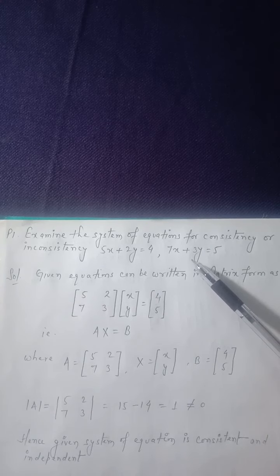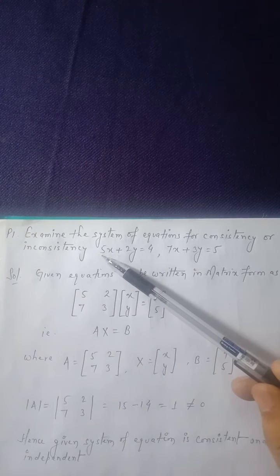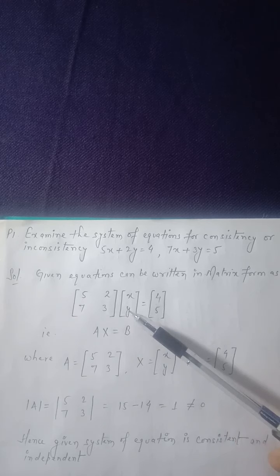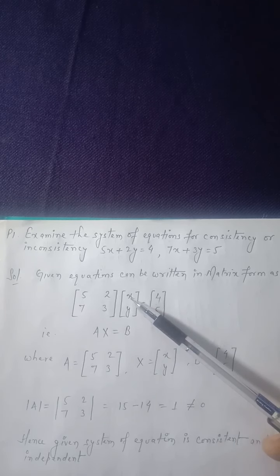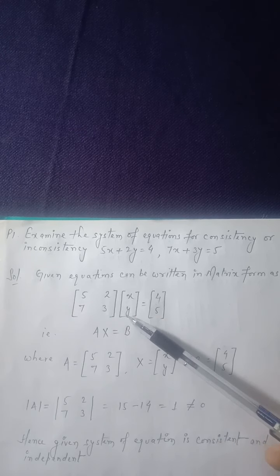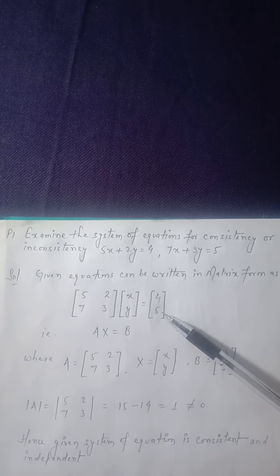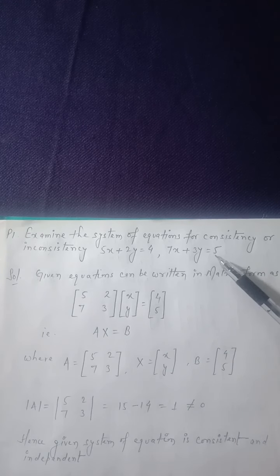So the given equations can be written in the form of a matrix equation, which is 5, 2, 7, 3. Remember, this is the coefficient matrix. Then write variables x and y, and on the right hand side write down 4 and 5.